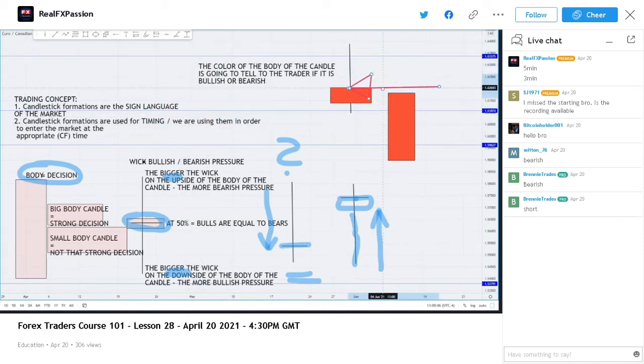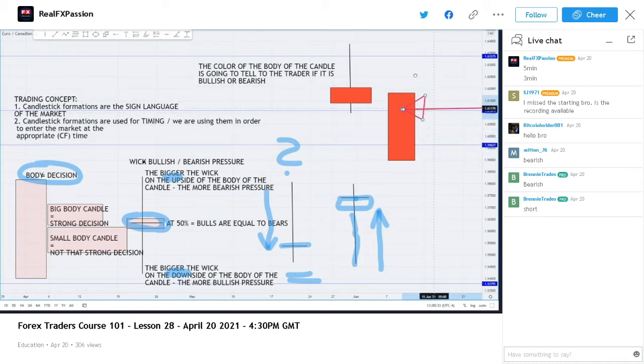The more aggressive traders would enter the market in here, together with the system or strategy, the trend lines, the counter trend lines, the Fibonacci, whatever, the less aggressive traders would wait for the next. Now, why is this better talking about timing? Because the bigger the body, the stronger the decision.